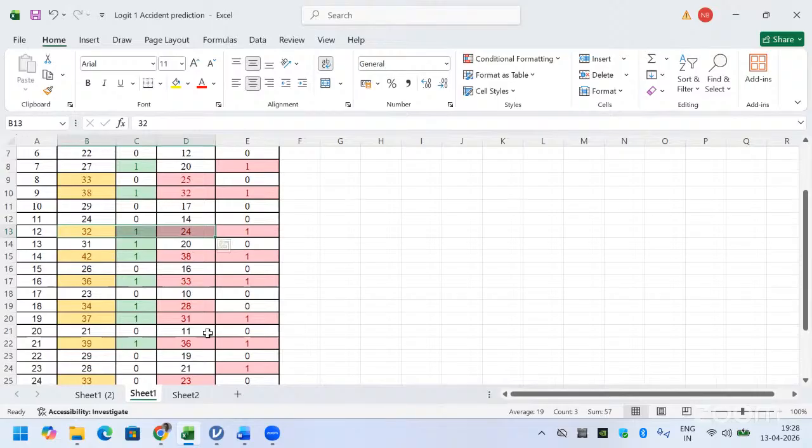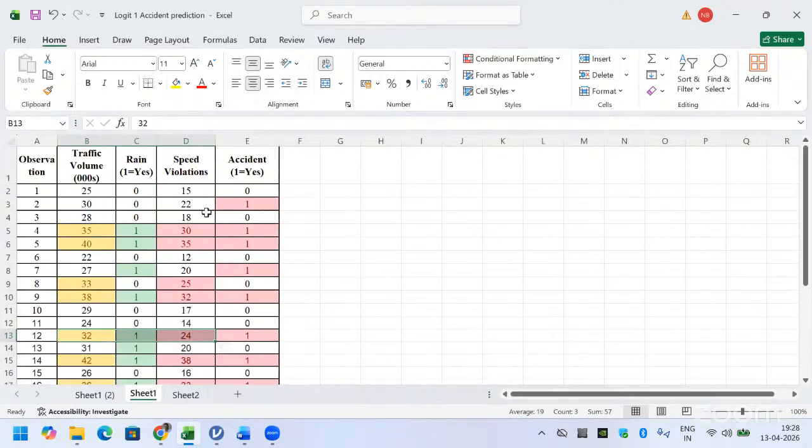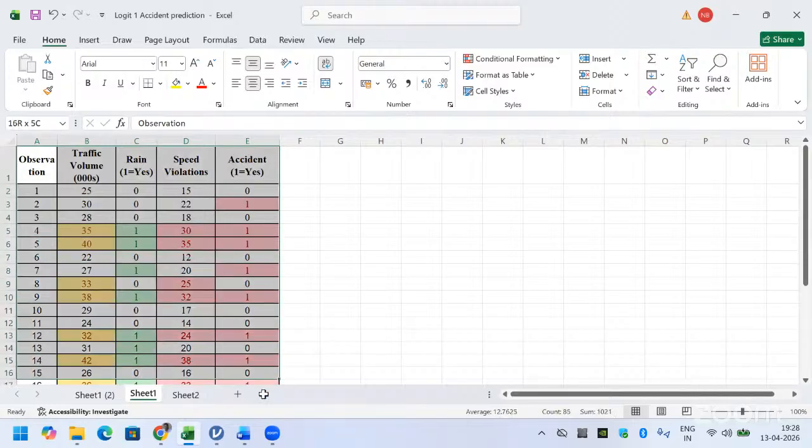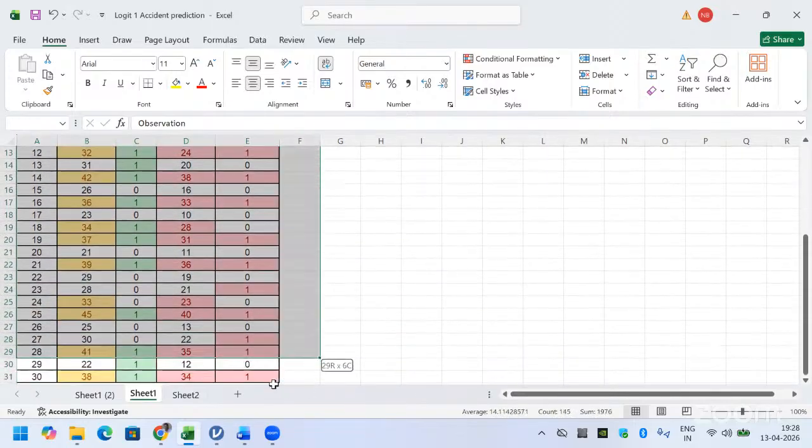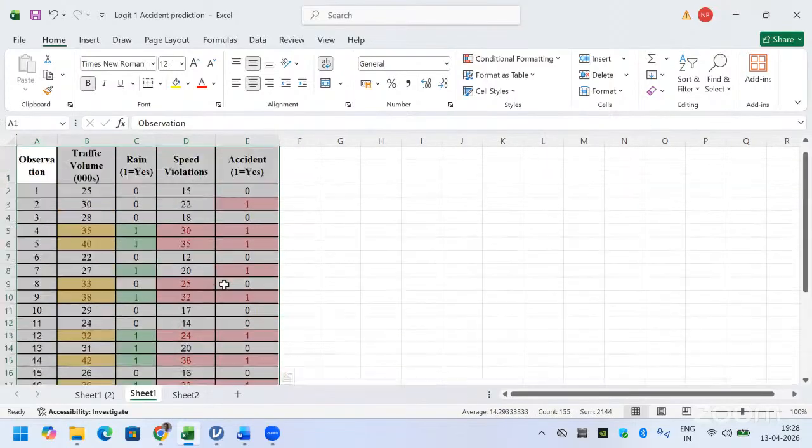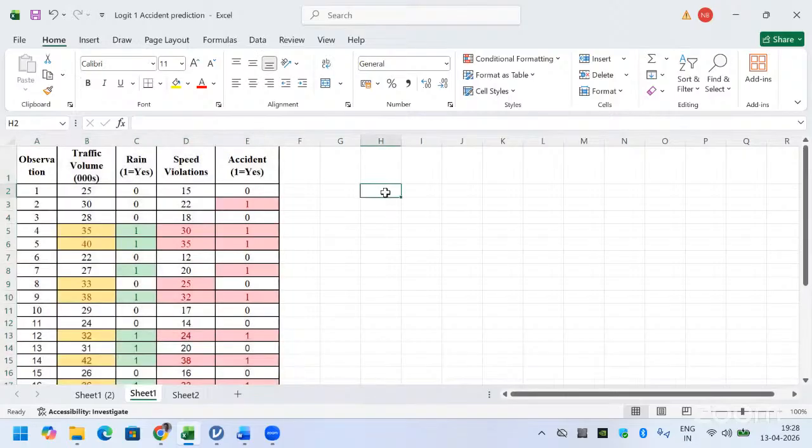Now I might have a doubt about which variable is impacting this completely, and what is going to happen to my traffic volume. Let me assume my traffic volume is 32.